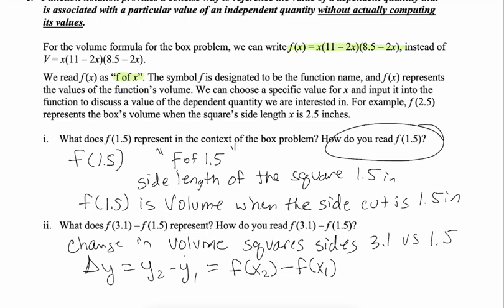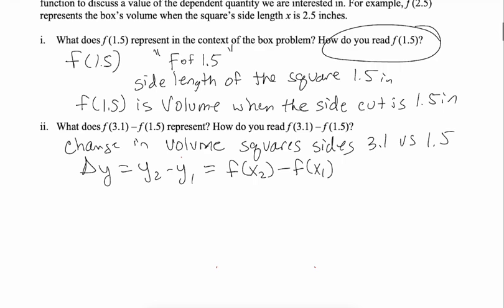What is y2? The function at x2. What is y1? The function at x1. But it's the same notation. But what does it give us that's so great? We know what function and the x values all at once. So that notation is just pretty powerful because it gives us lots of information all at once. Does that make sense?